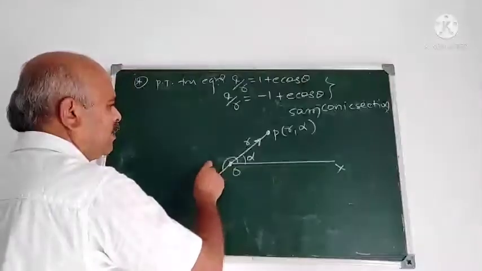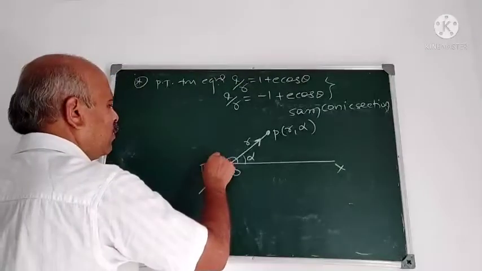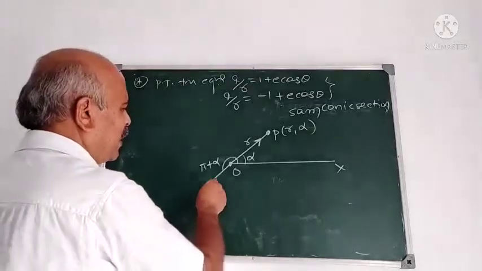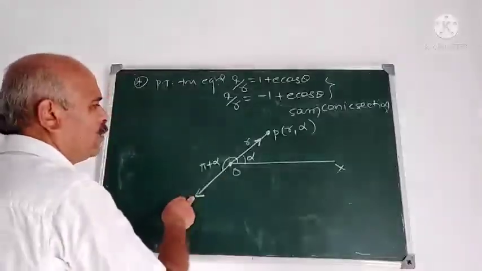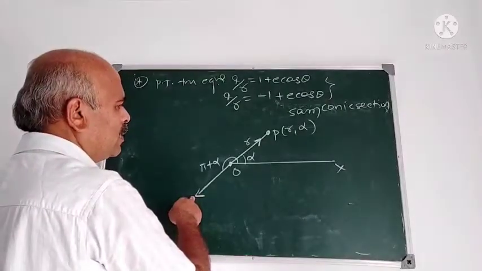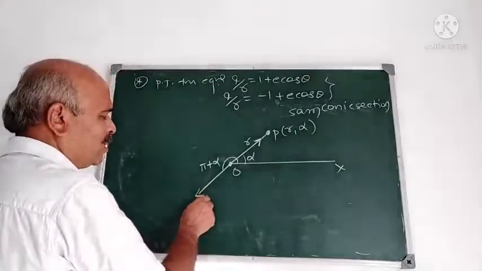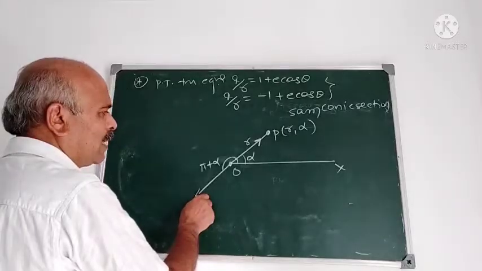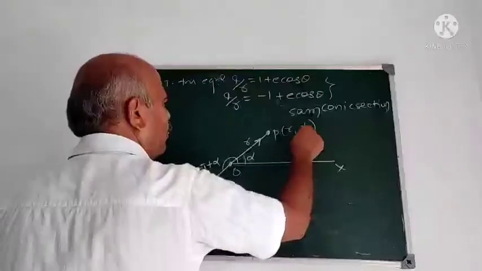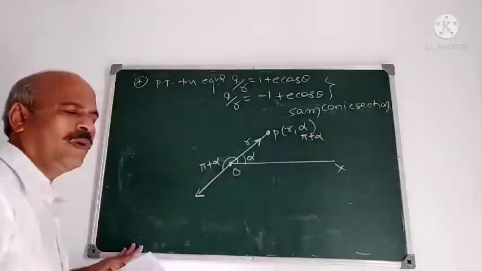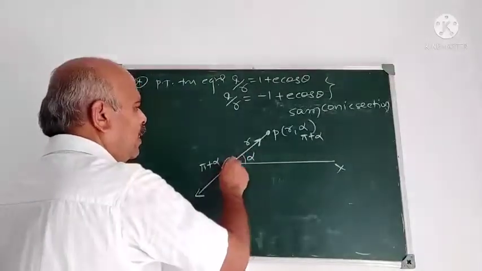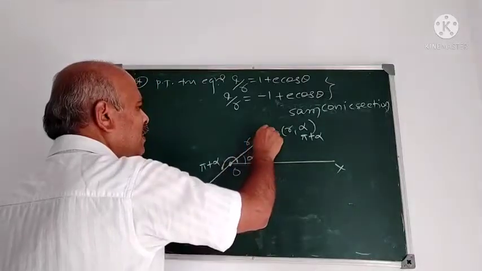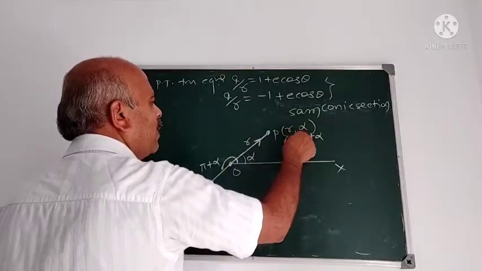Then what is this angle? It is pi plus alpha. If we take this as the positive direction of r, then the coordinates of this point become (r, pi plus alpha). If I take the vectorial angle as pi plus alpha, and measure r in this direction, then r becomes negative, minus r.